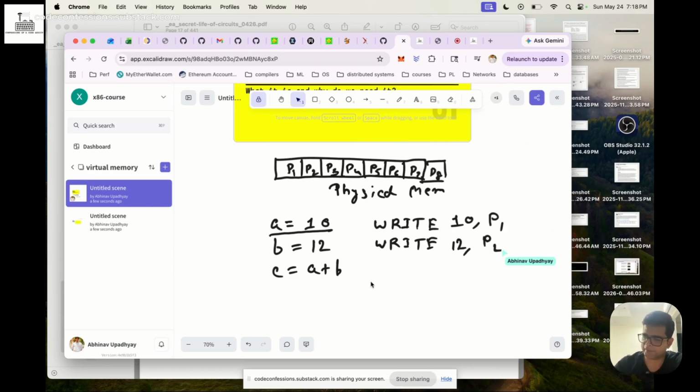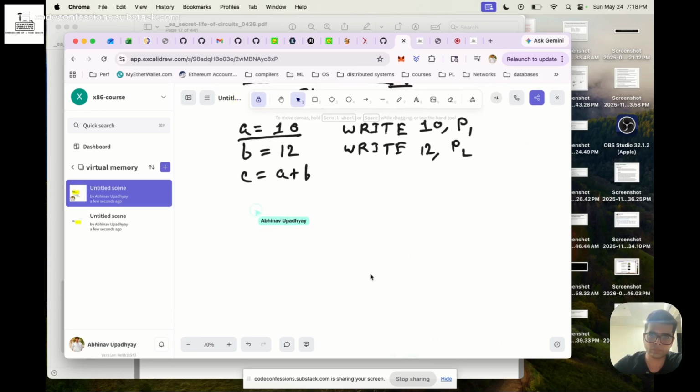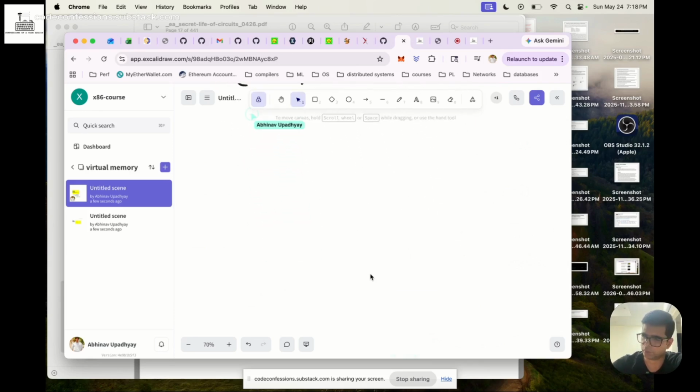So what that means is that if we have a layer in here, I'll just draw it here. Let me start again, I'll draw it more cleanly. What we need is one layer of indirection.